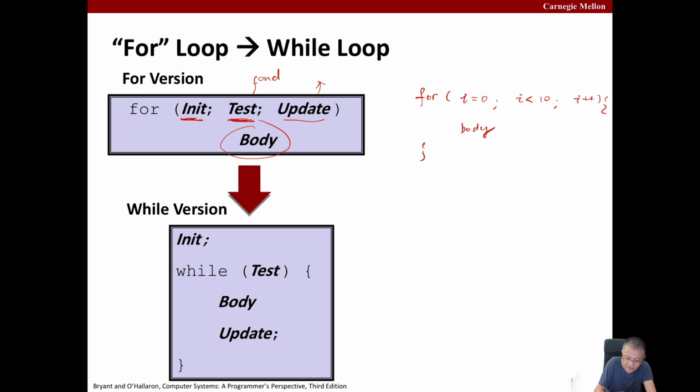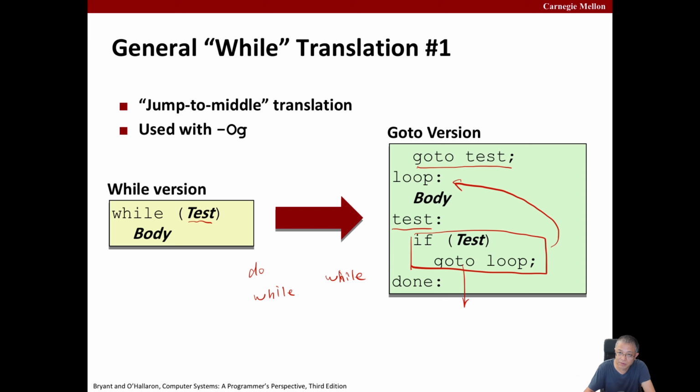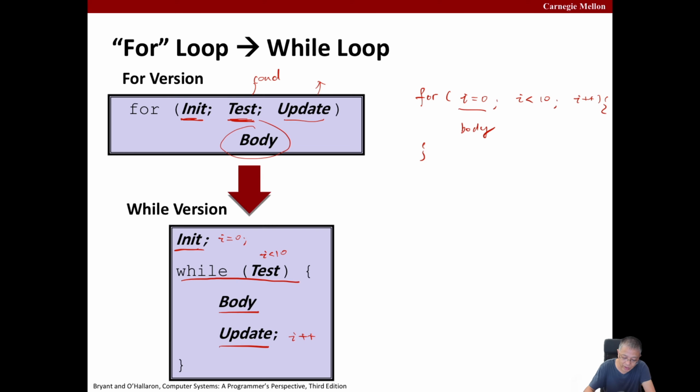We have an init, which is i equal to 0. We first execute this before entering the while loop. Then we do the while with the condition. The init is i equal to 0, the test is i less than 10. Then we have the body. After the body, we have the update.